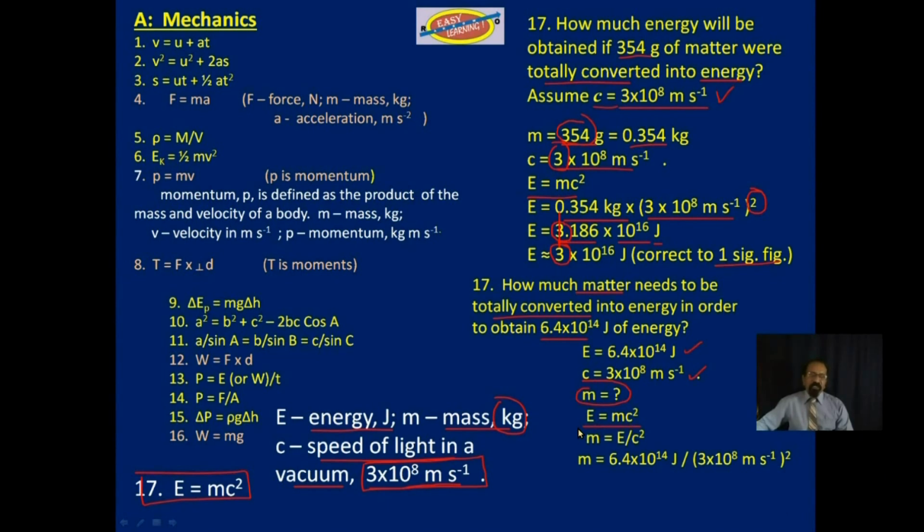If we change the subject of the formula to make m the subject, then m is equal to E over c squared. We substitute our numbers there. Remember, this is a square. And we come up with 7.11 exponent negative 3 kilogram, which is actually 0.007 kilogram, correct to one significant figure.